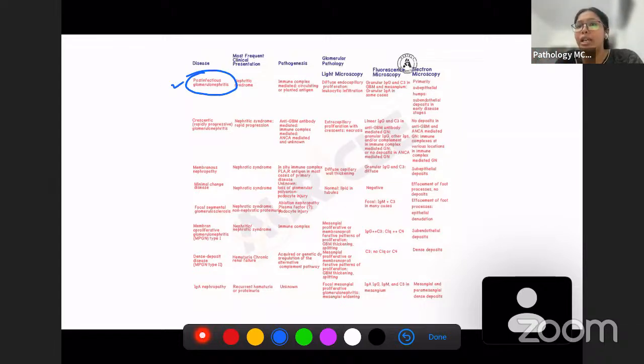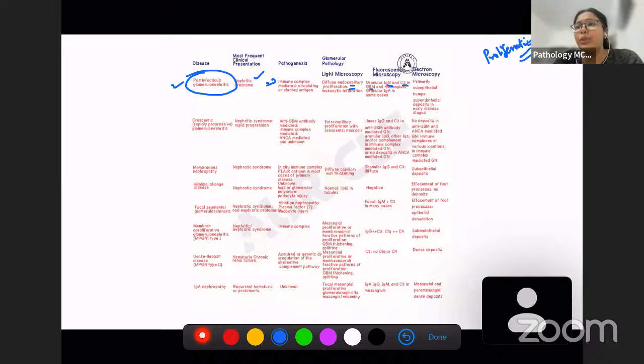We already saw it is associated with nephrotic syndrome, and there can be circulating immune complexes. In light microscopy, what you can see is diffuse endocapillary proliferation. Then there is going to be IgG and C3 deposits in the glomerular basement membrane.